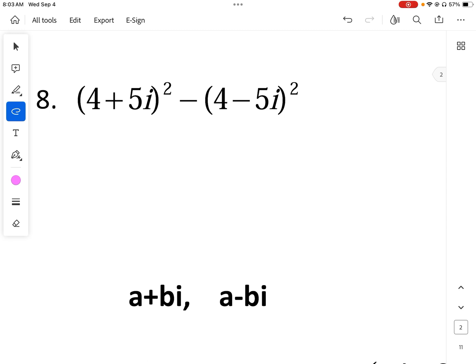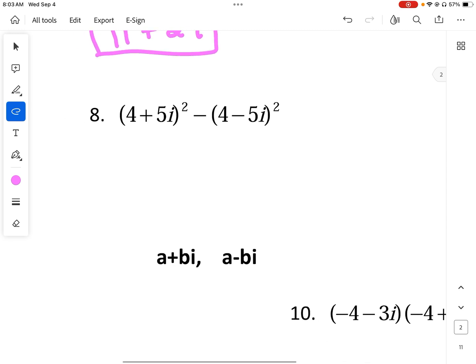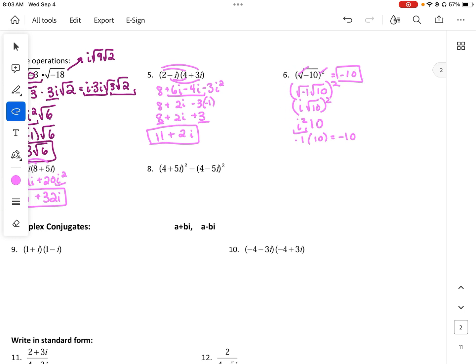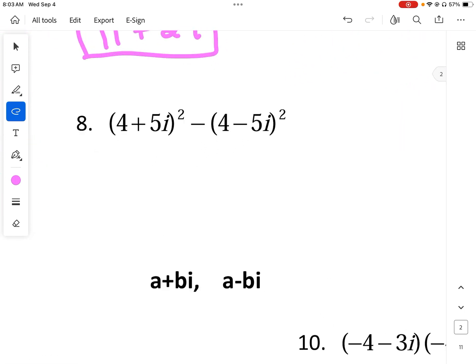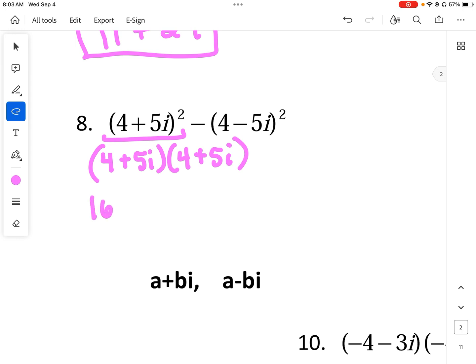All right, this is going to take a little bit of work, and we're going to need quite a bit of room here. So I'm going to start out with this guy here. That would be 4 plus 5i times 4 plus 5i. We can do FOIL or the box. So 16 plus 20i plus 20i plus 25i squared.